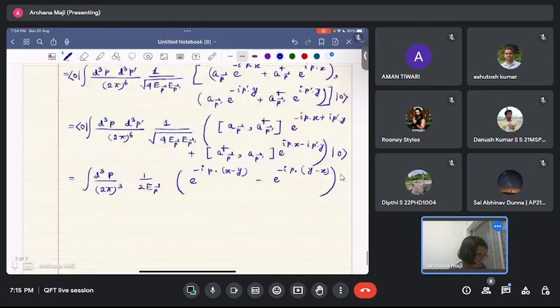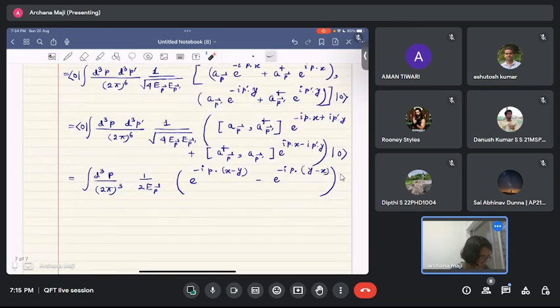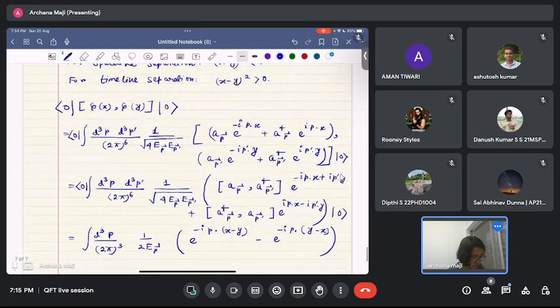Now you see that these are just c-numbers, so the vacuum inner product will be 1. Okay, now what is the left hand side?